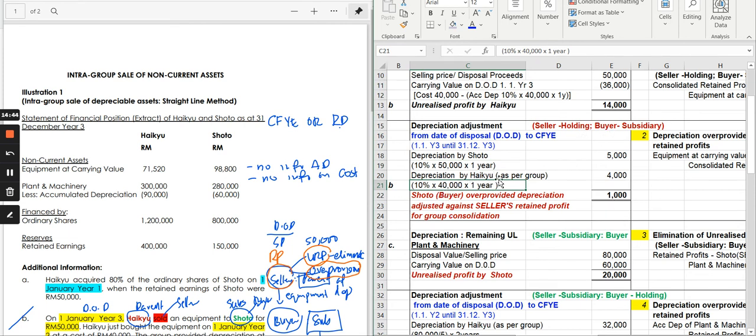The point of view of the group is the point of view of the seller. So the seller here is High Q. So the group will be depreciating at 4,000. However, the buyer is depreciating it at 5,000, and therefore there was an over provision of 1,000. That over provision of 1,000 needs to be adjusted in the seller's retained profit for the purpose of group consolidation, to eliminate that over provision of depreciation.